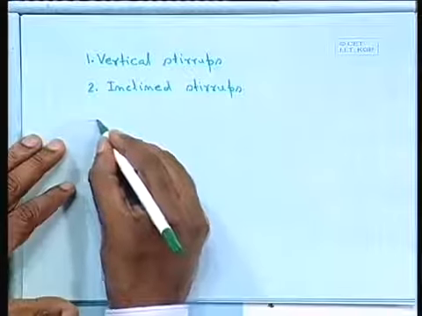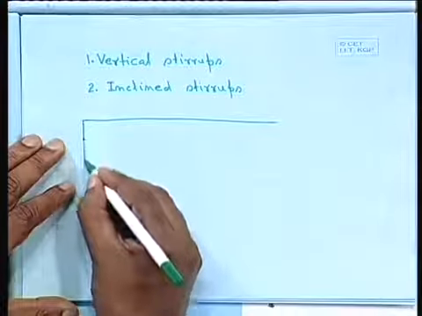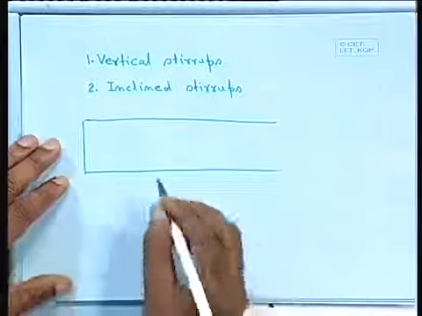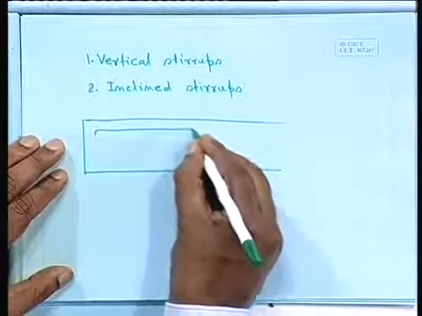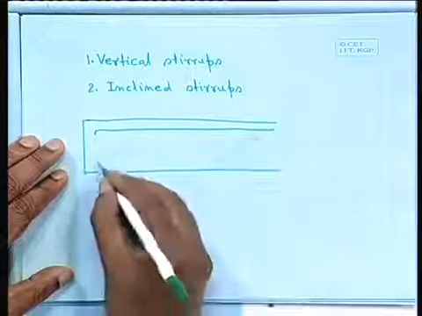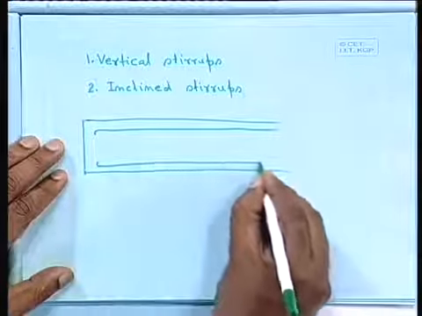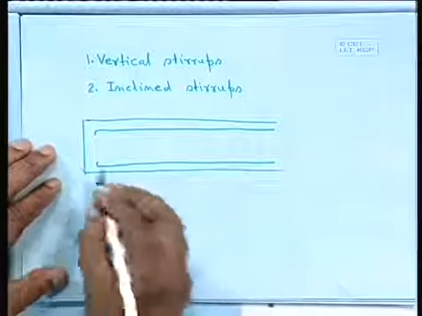Let us take one beam. We have compression members or hanging bars and tensile members, tensile reinforcement.